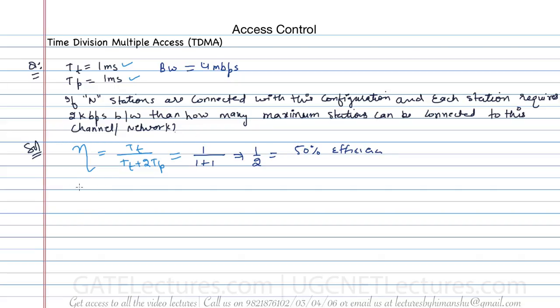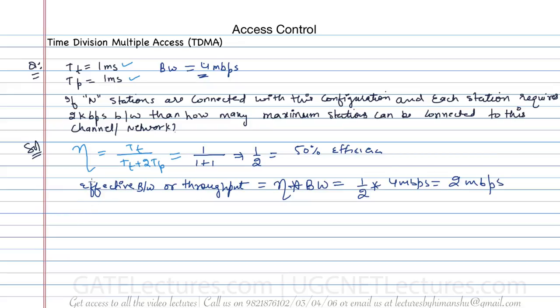Now we have to find the effective bandwidth, or you can say the throughput of the system. Effective bandwidth is always equal to efficiency into given bandwidth, and efficiency is 50%, so it is 1 by 2 into the bandwidth which they have given, 4 megabits per second, so it is equal to 2 mbps.